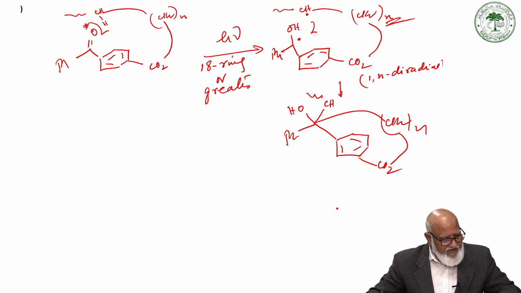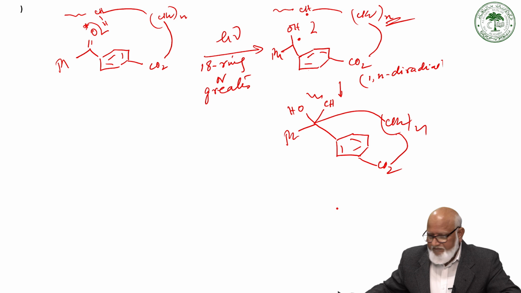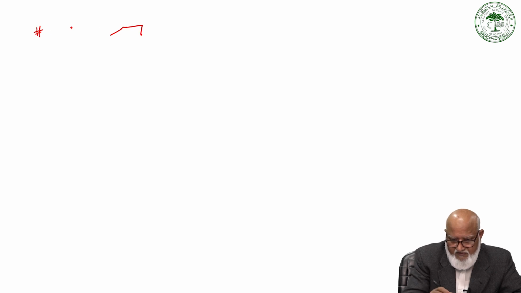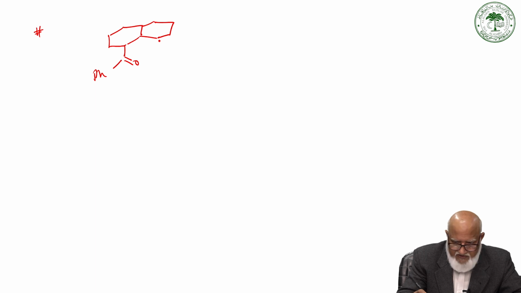So it has also been found that not only this, even the naphthyl ketone also undergoes the reaction. Next example is we have a C double bond O, Ph, and a CH, H, Ph.